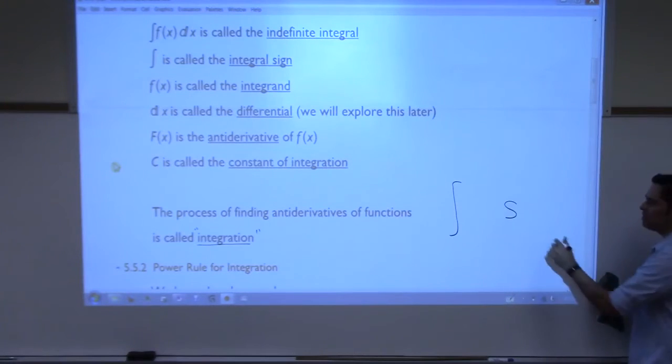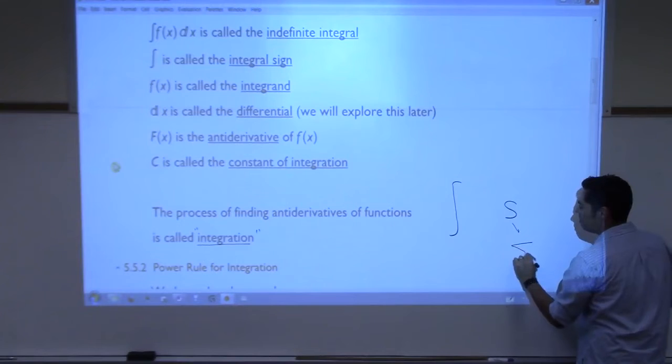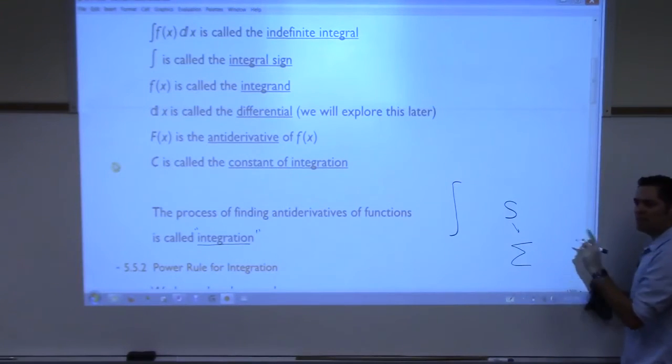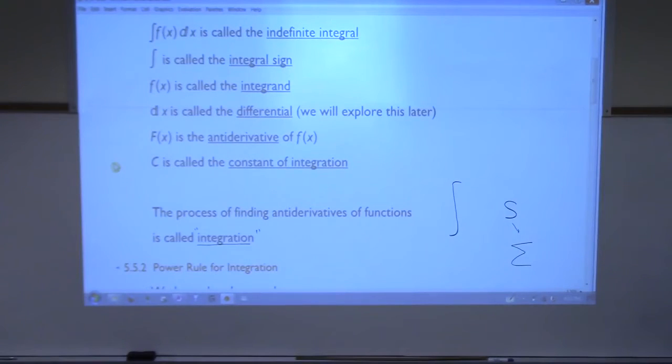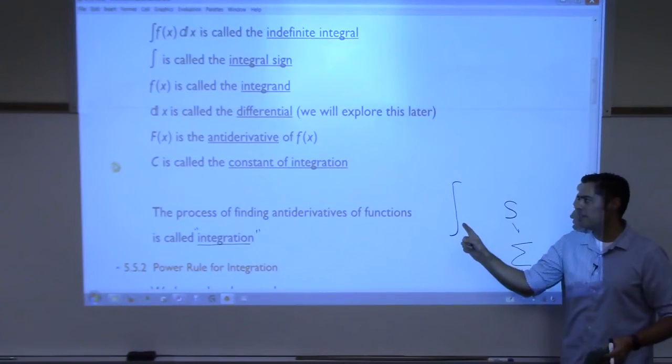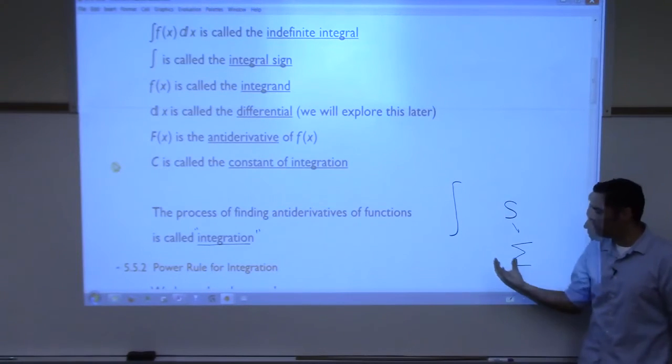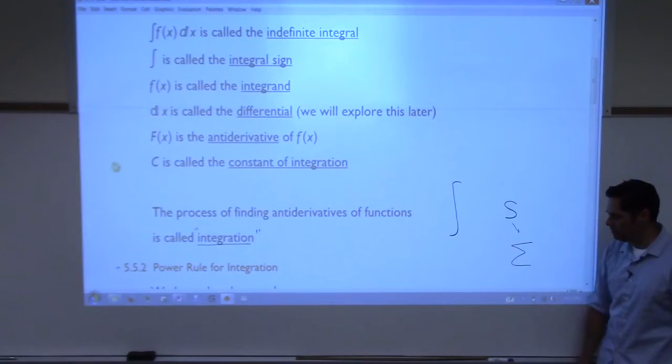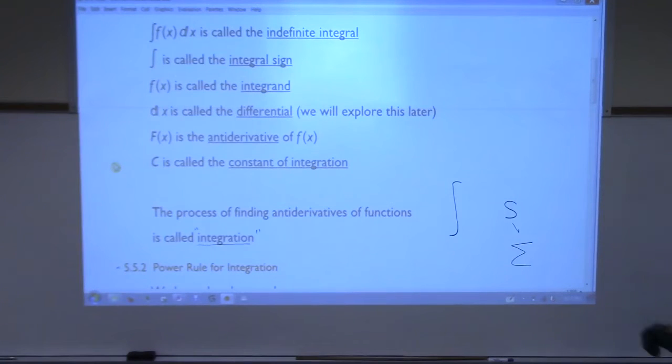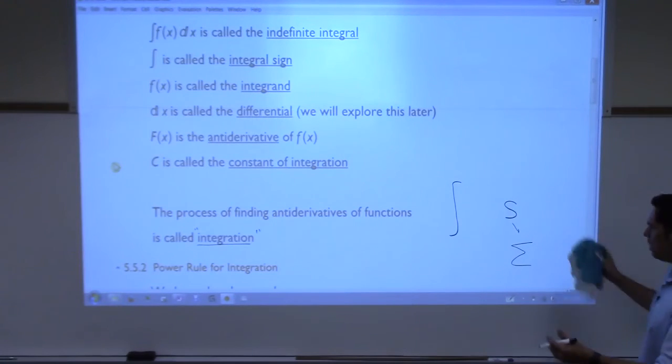The reason why is because this actually comes from the Greek sigma, and it's because the integral later on is going to allow us to find areas under curves, and to find the areas we're going to do infinite summations of things. So the whole idea behind this symbol isn't just random. It comes from the idea of the sigma notation. All right? Y'all good? That's just notation.